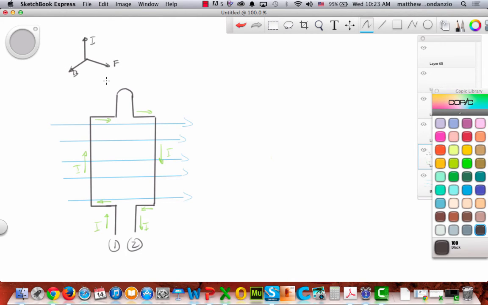Right-hand rule. So if that's the case, what direction for this leg right here, what direction is the force?